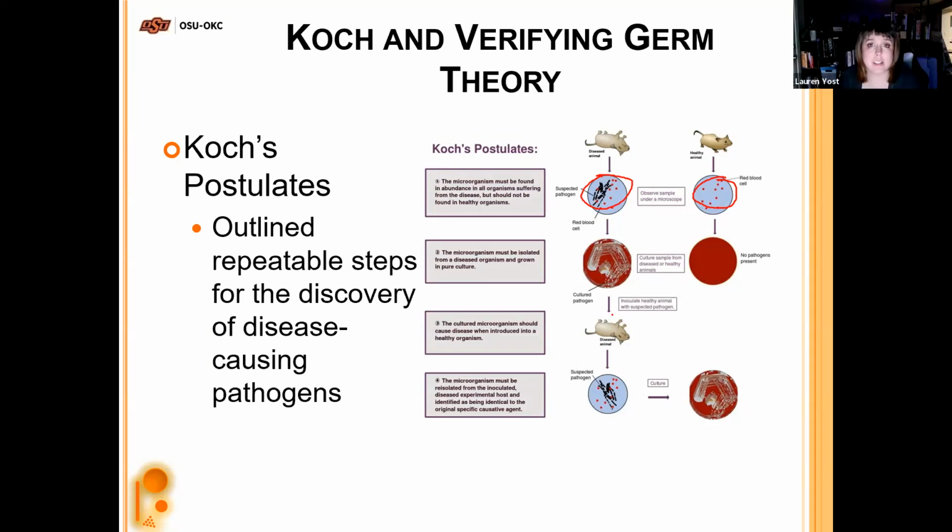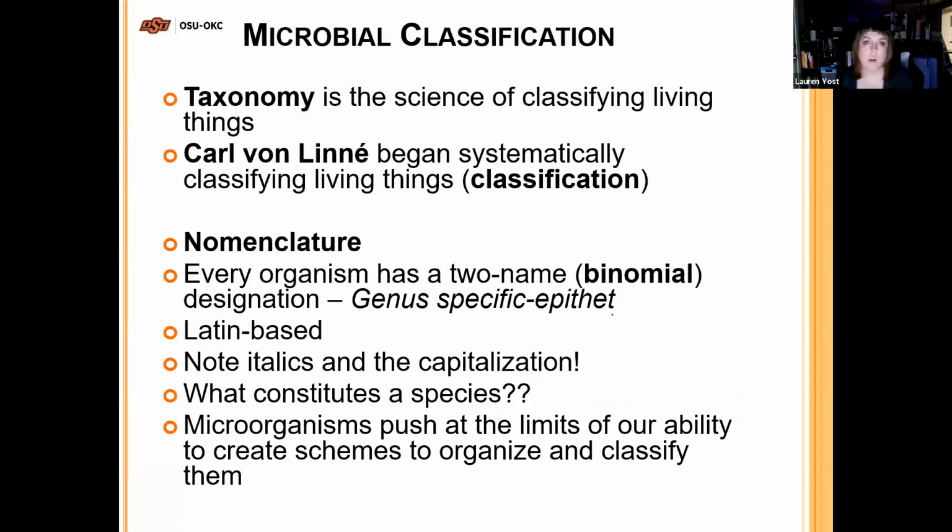If it gets sick with the same thing, and then we can re-isolate it back out again and it's the same thing, that confirms that it is the causative agent of that disease. So these are steps we would follow to discover causative agents, the pathogens for that disease. Cool stuff.